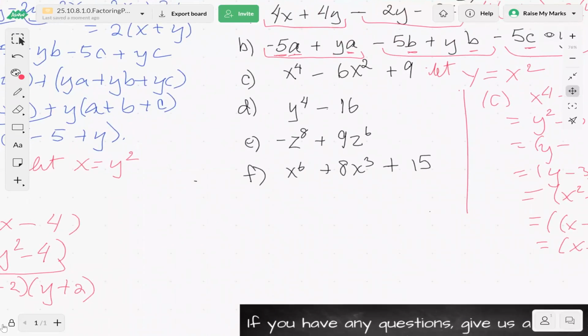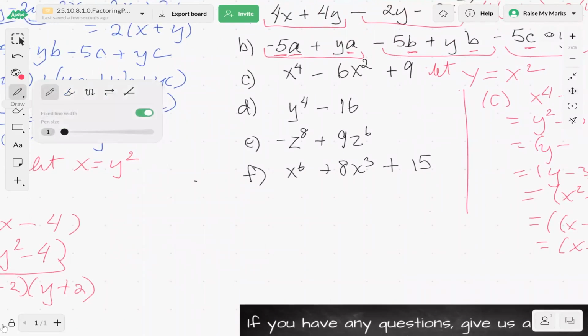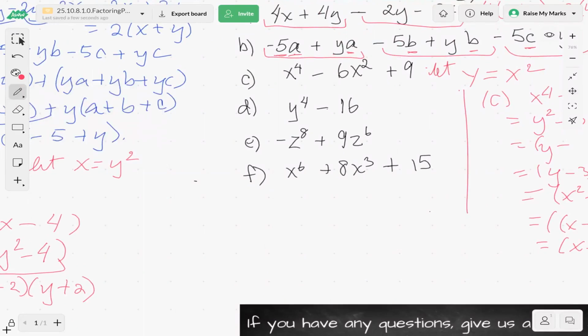Let's have a look at E. Okay, it's starting to get messy now. Let's do E right here. Okay, so we have negative z to the power 8 plus 9 times z to the power 6. Okay, so first off, we have z's common in both terms. So definitely z is going to factor out.